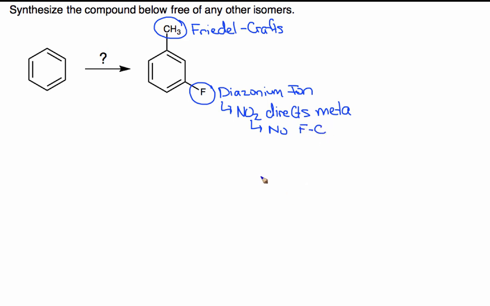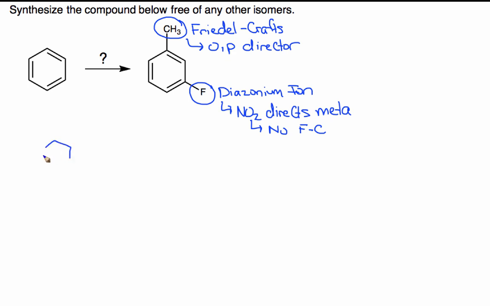So we can't do that. Again, our methyl group is an ortho-para director, so that doesn't really help us out. So let's think about a strategy that we might be able to use to get these groups where we want them.